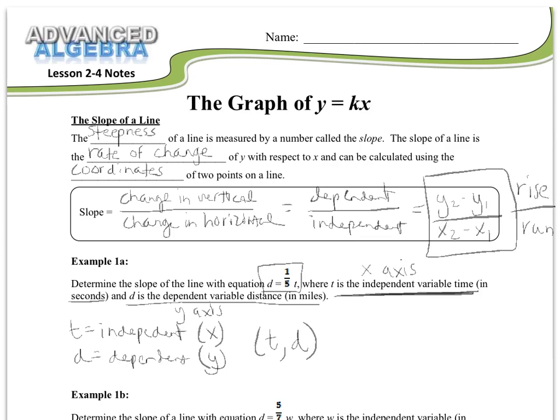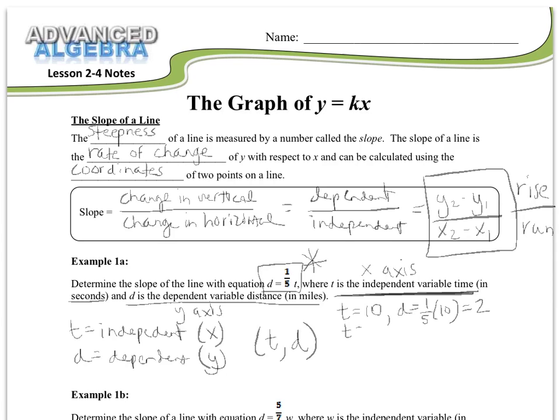So now we need to find 2 points to figure out the slope of the line with the equation d equals 1/5 t. So if t equals 10, and I just picked a number, then d would equal 1/5 times 10. I'm just using this equation here. So d would equal 2.